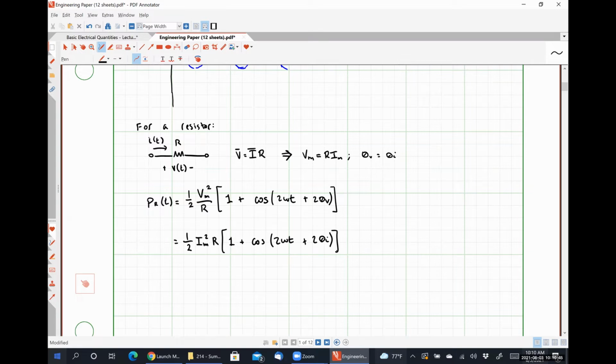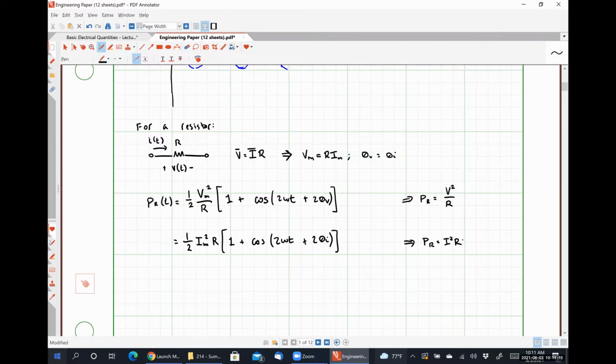So these are analogous to the relationships PR is equal to V squared over R and PR is equal to I squared times R that we saw.